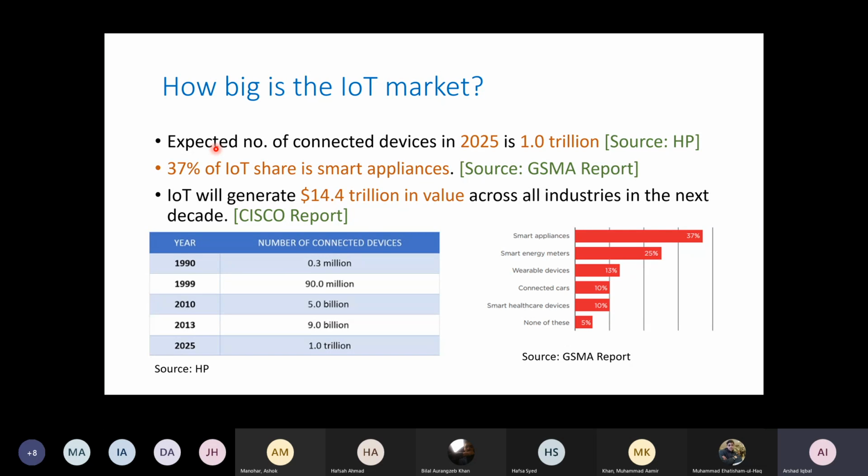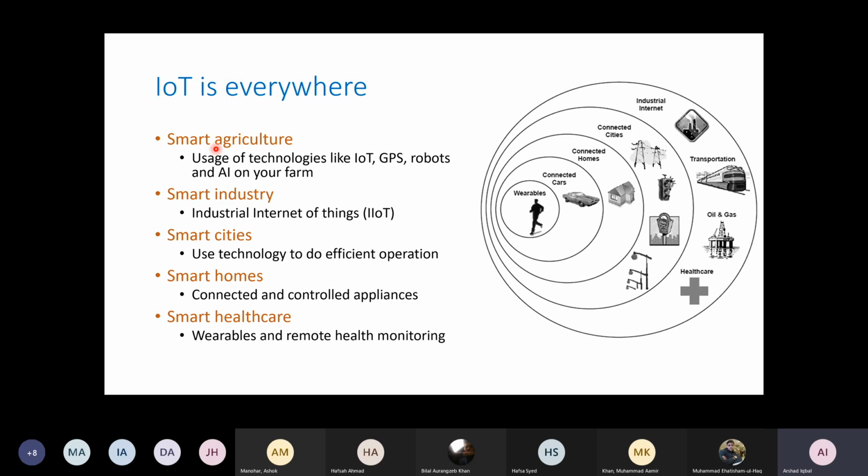If we see a report regarding the value of IoT, it says that IoT will generate 14.4 trillion in value across all industries in the next decade, presented in a report by Cisco. So we can say that IoT is everywhere.